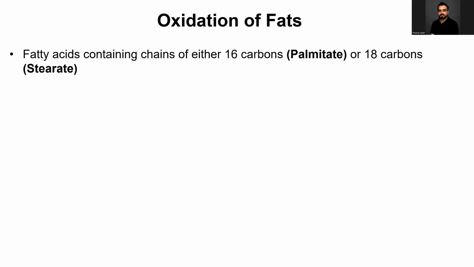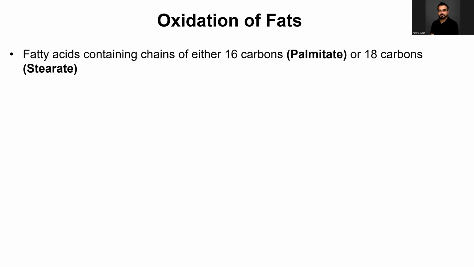And we have different numbers of carbon atoms in the chemical structure of fatty acids. Some fatty acids contain 16 carbons, like palmitate, or 18 carbons, like stearate or oleic acid. That's another fatty acid. We also have linoleic acid.